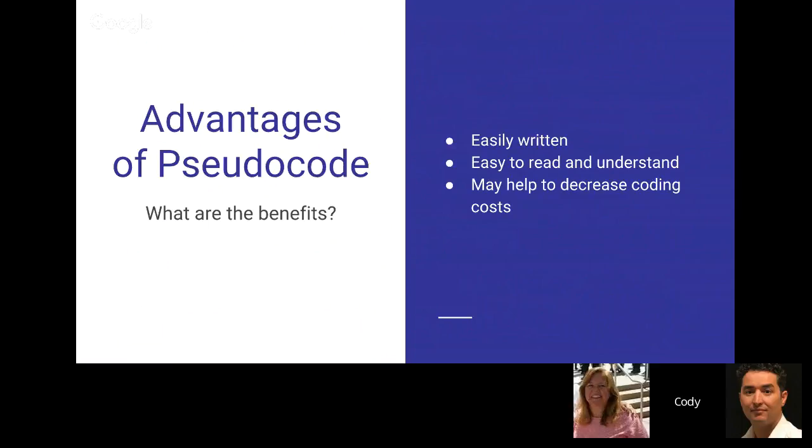Lastly, it's easy to convert to a programming language and helps programmers think through the logic of the code before getting into any of the nitty-gritty details. In doing so, they're able to catch errors earlier and stop defects before they become code. So this can ultimately lead to an increase in trust and a decrease in cost.